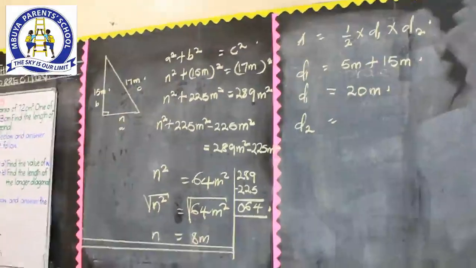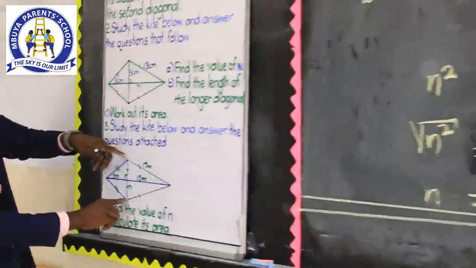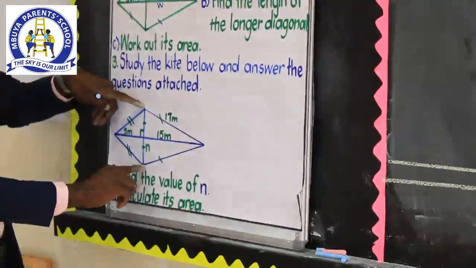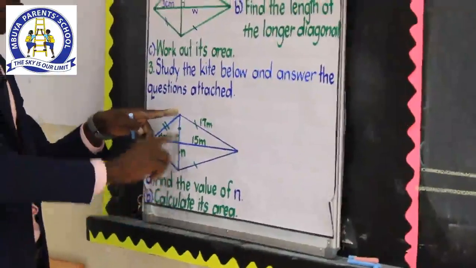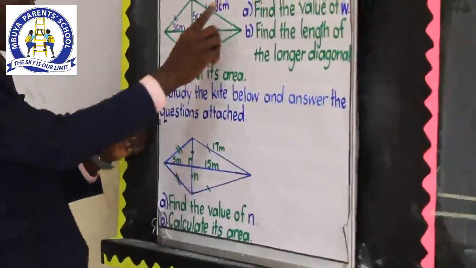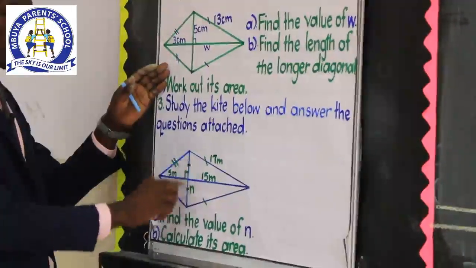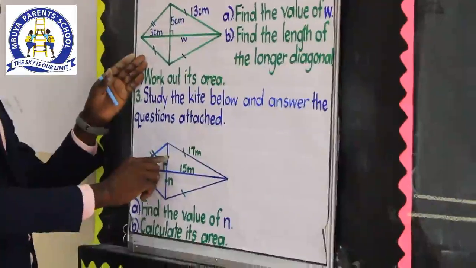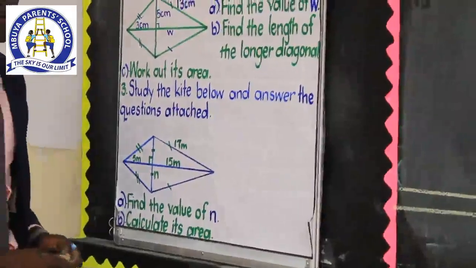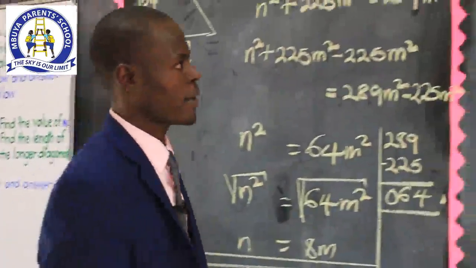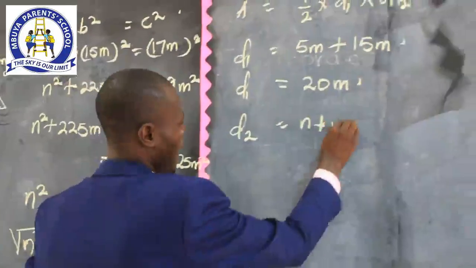Good. Let's look out for the minor diagonal, which is diagonal 2. I love that. Let's get back here. This is our minor diagonal. It runs from this vertex to the opposite vertex, meaning that if this is n, since these two are equal, this will also be n. So the sum of the two n shall give us the minor diagonal. So that is n plus n.